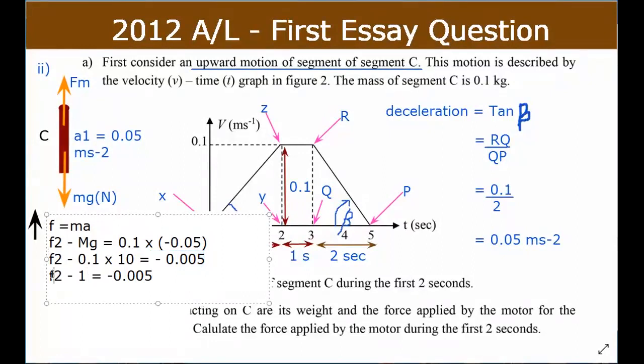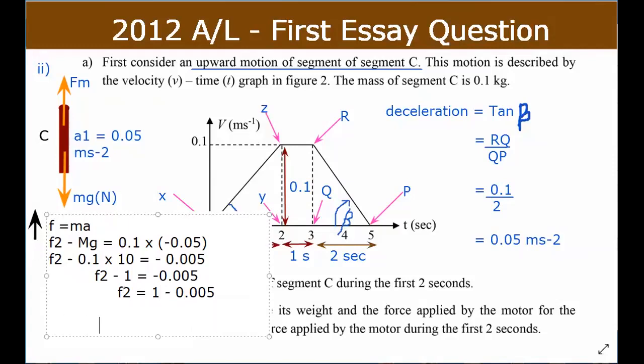So let me take this minus 1 to the other side. Minus 1 goes to the other side as plus 1. So F2 equals plus 1 minus 0.005.